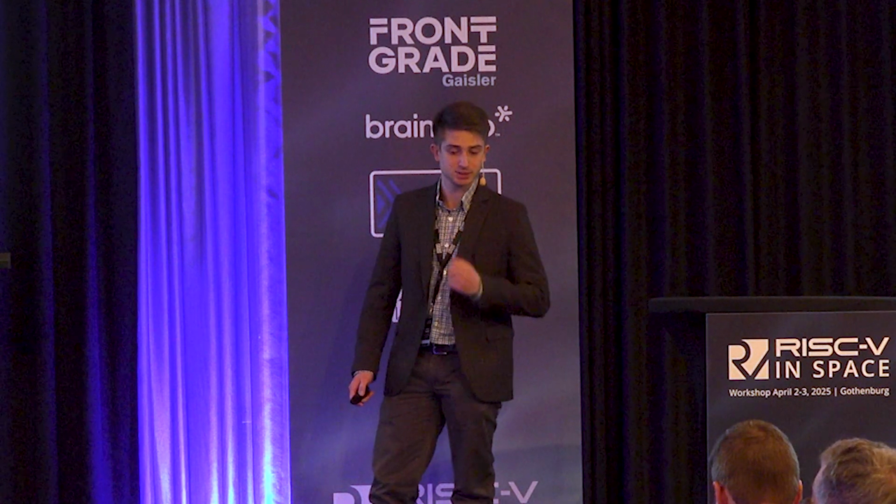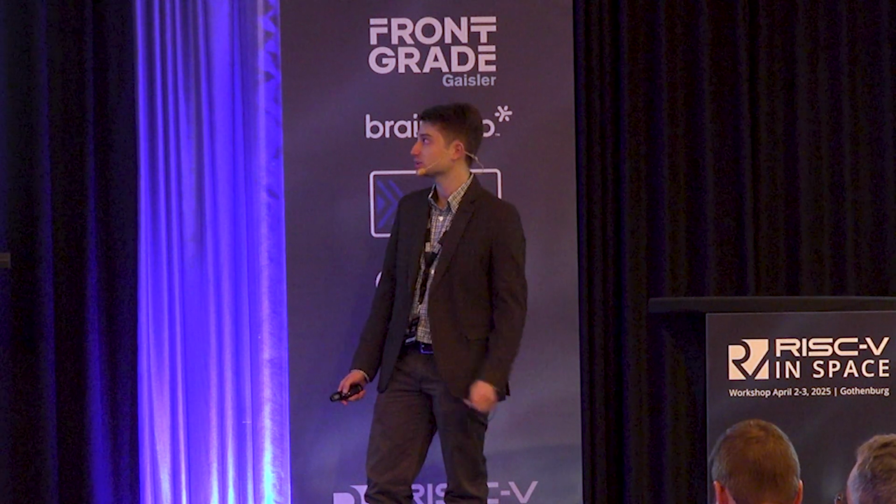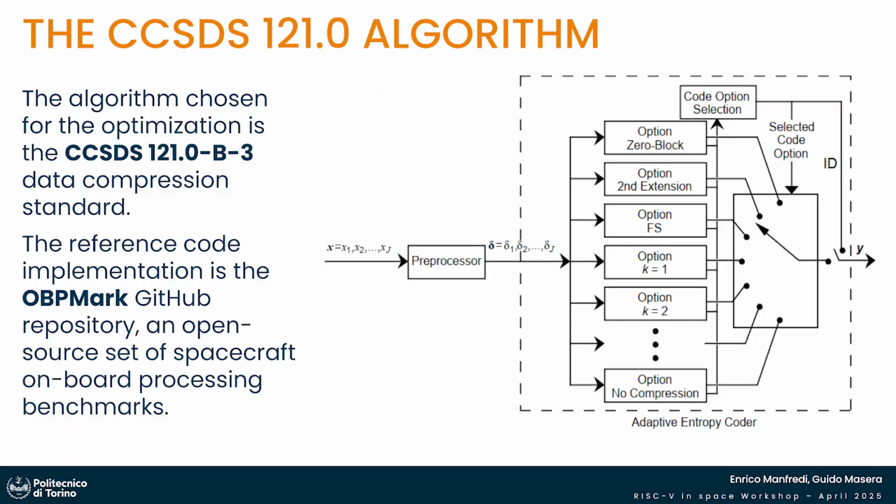The algorithm used for this work is the CCSDS 121 algorithm, which is a standard algorithm for data compression that features two main computational steps. The first one is the preprocessing step, where a reversible function is applied to each input sample, and then each block is compressed by choosing the technique that gives the best compression size among several techniques.